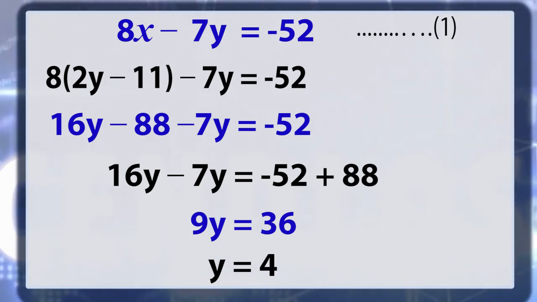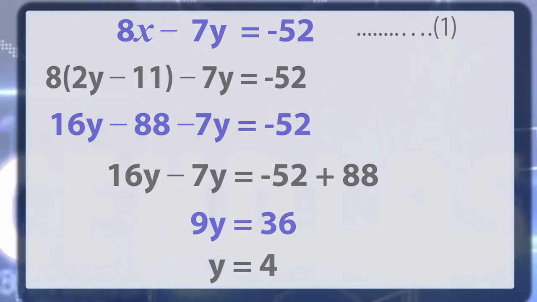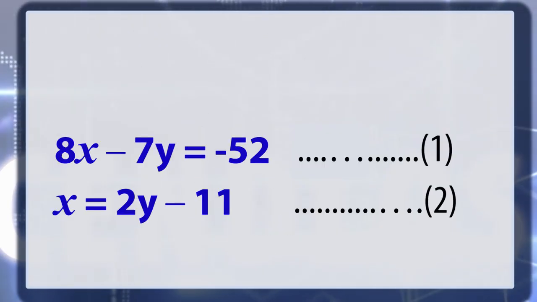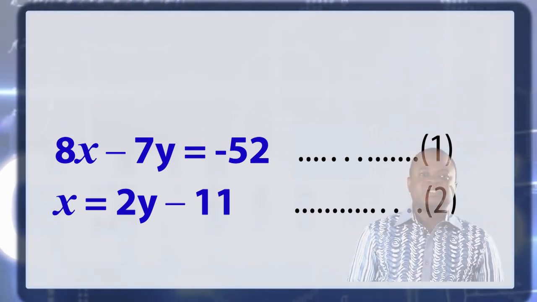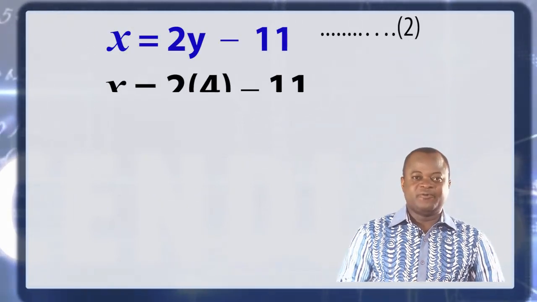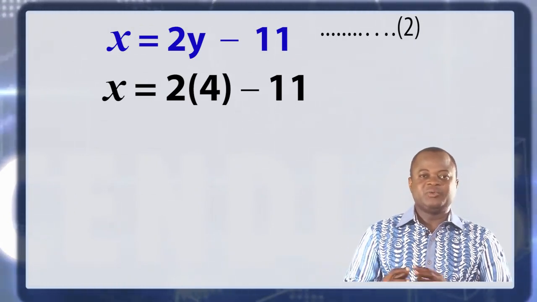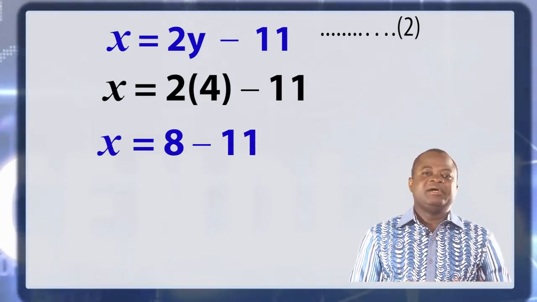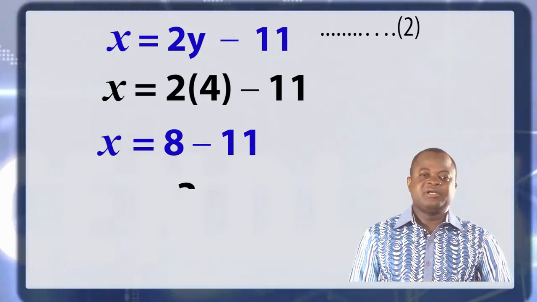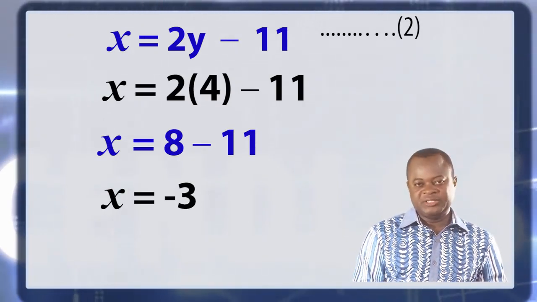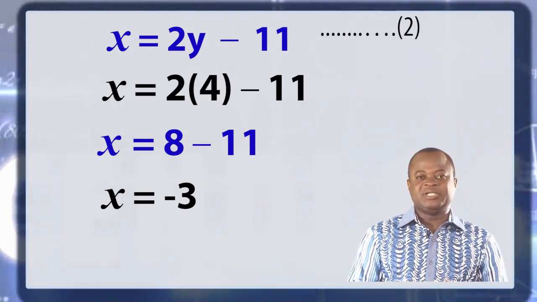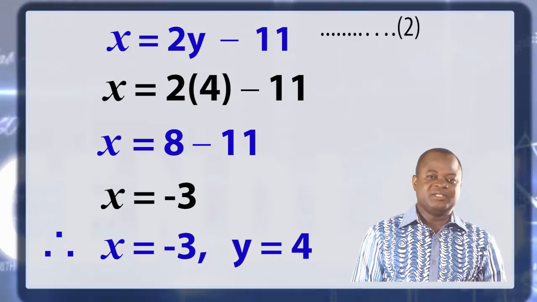Remember, in equation 2, we had x is equal to 2y minus 11. So we have x is equal to 2 times 4 minus 11. And that will give us x is equal to 8 minus 11, and x is equal to negative 3. Therefore, the solution to our question is x is equal to negative 3 and y is equal to 4.